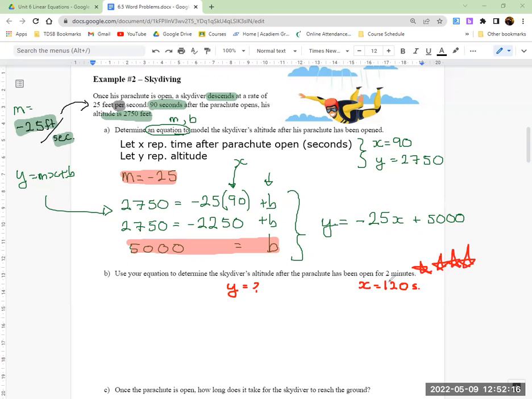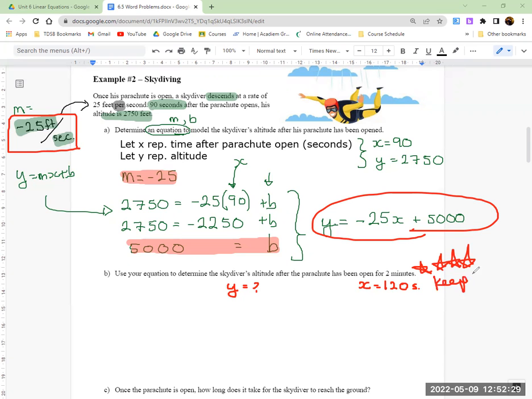You can't use minutes. We set up our equation based on a slope of per second. You can't suddenly change it into minutes. Okay? Keep units constant. Keep units the same. Super important.